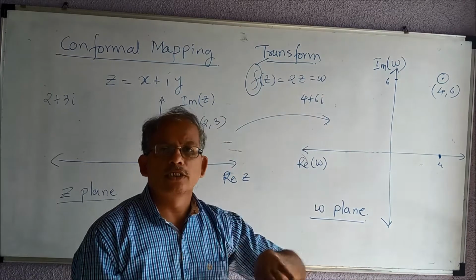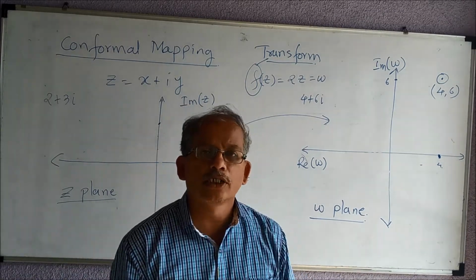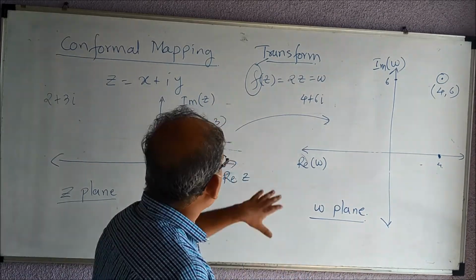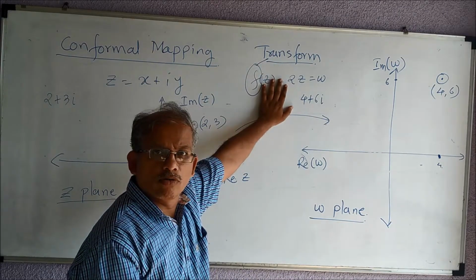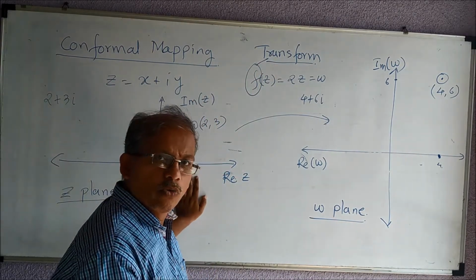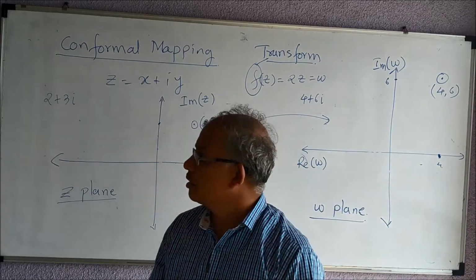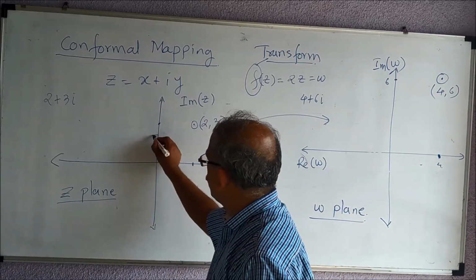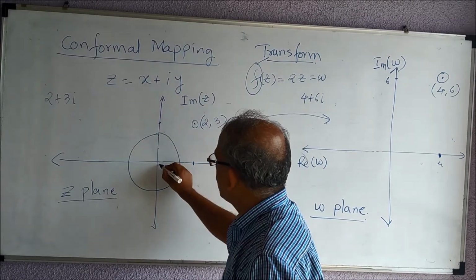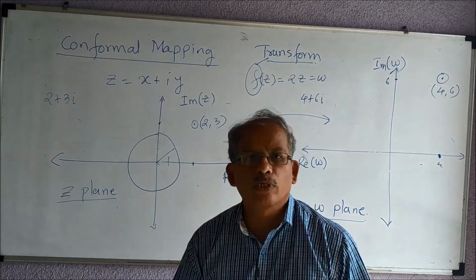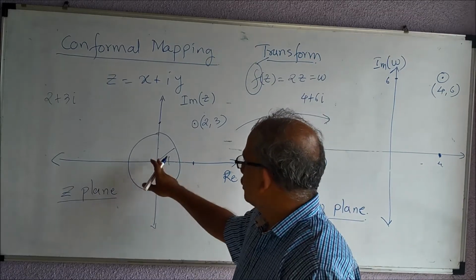Now we need to study this. Now what do you mean by studying this? So considering different functions, okay, what will happen to the figures over here? For example, suppose I take a circle, a unit circle in the z plane. This is of radius 1, a unit circle that is centered at 0.